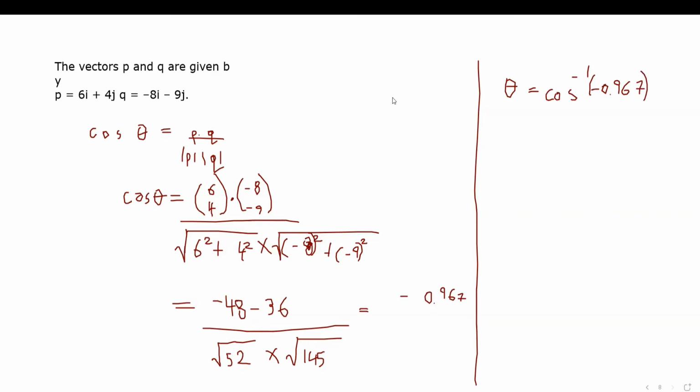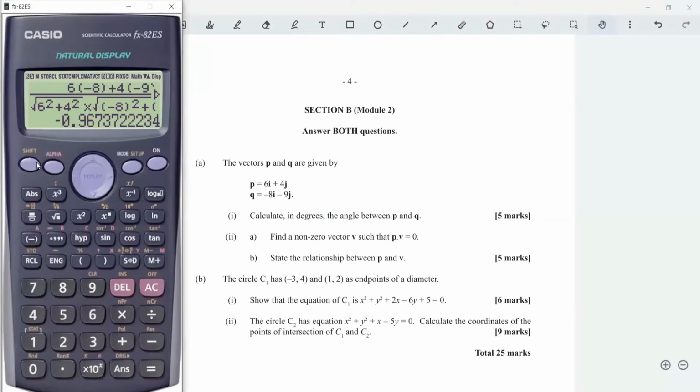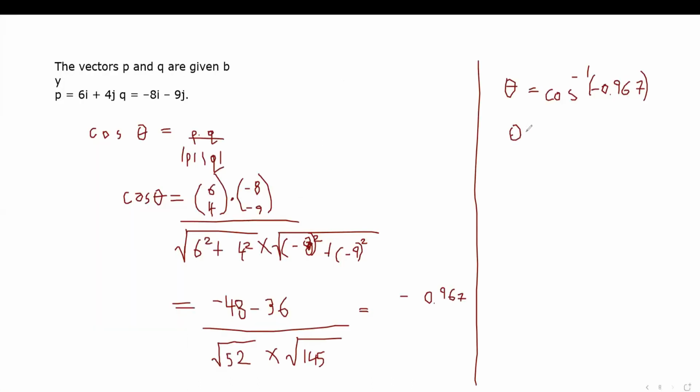When it's vectors, you don't need to consider any other quadrant. Once it's vectors, don't worry about quadrants. Let's take cos inverse. When it's negative, it just means it's going to be an obtuse angle. So that's it, 165.3. That's all it is saying.